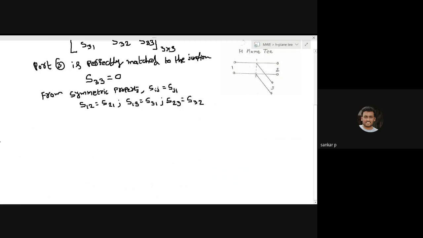That is another important thing you should remember here.